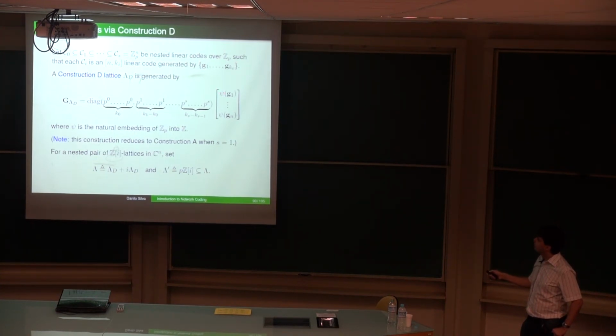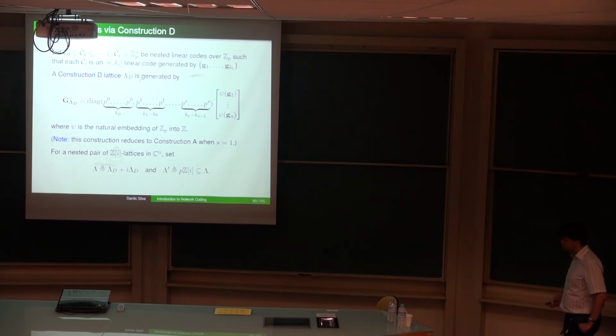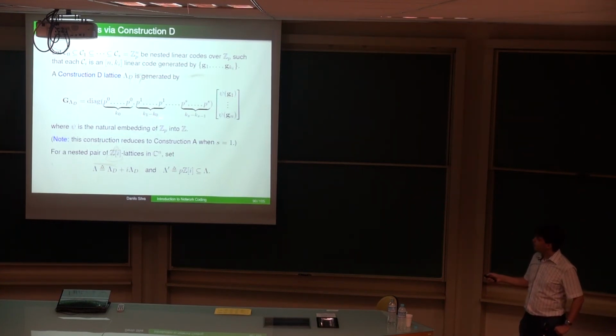So these are the rows of the generator matrix of the linear code. You just take the first K0 generators, you embed them into Z. Just take the integers. And they are unchanged. Okay, the first K0 for the code C0. And then the next K1 minus K0 generators, you multiply them by P. And then the next K2 minus K1 generators that together will generate code C2, you multiply them by P squared and so on.